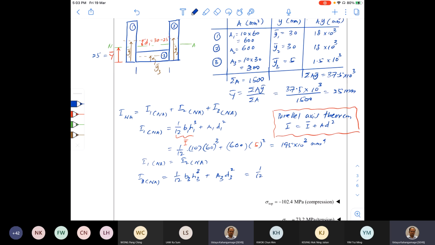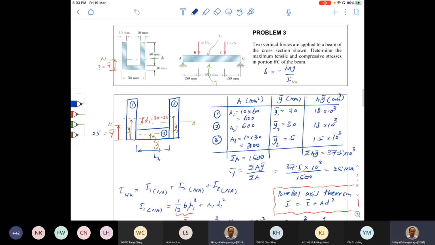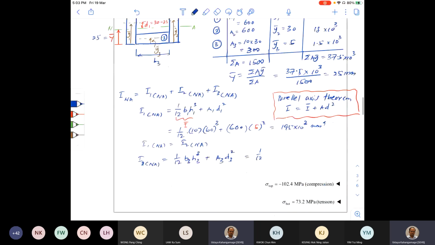This distance is the B3. So that B3 is equal to 30, and the height 10 millimeters to the power 3, plus A3 is 300 into D3.